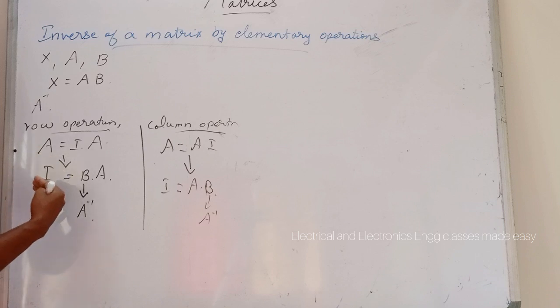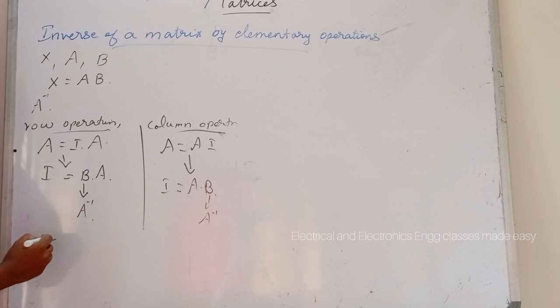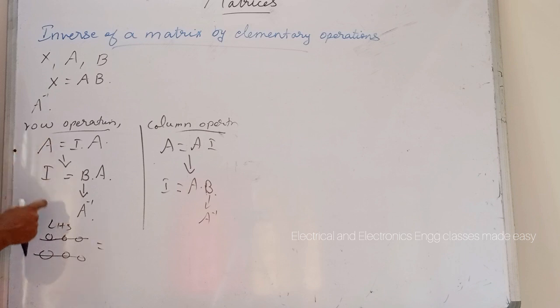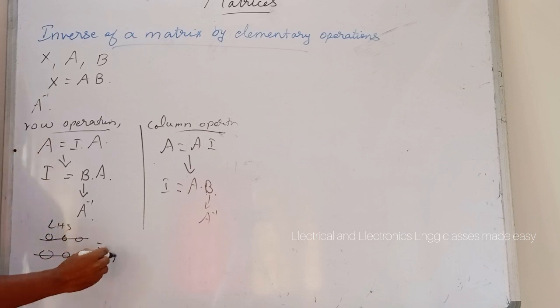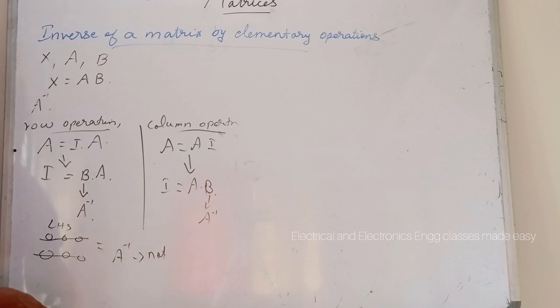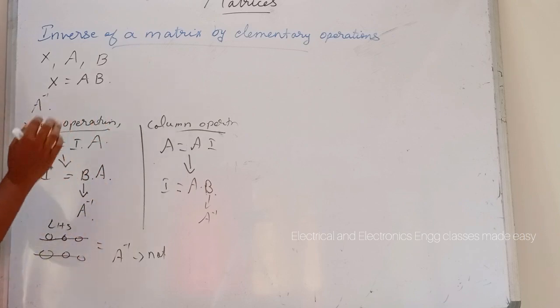That is, after doing the elementary row or column operations, if we obtain all zeros in one or more rows of the matrix on this LHS side, that is on this A, then A inverse does not exist. So let us do some problems related to this inverse of a matrix by elementary operations.